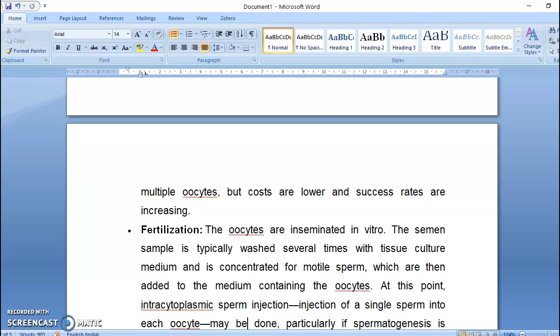The semen samples are typically washed several times with tissue culture medium and concentrated with motile sperm, which are then added to the medium containing the oocyte. That means once the semen is collected, it is further treated with several washes of the culture medium, and then we make sure there is a concentrated collection of motile sperm, and that is mixed with the oocyte.